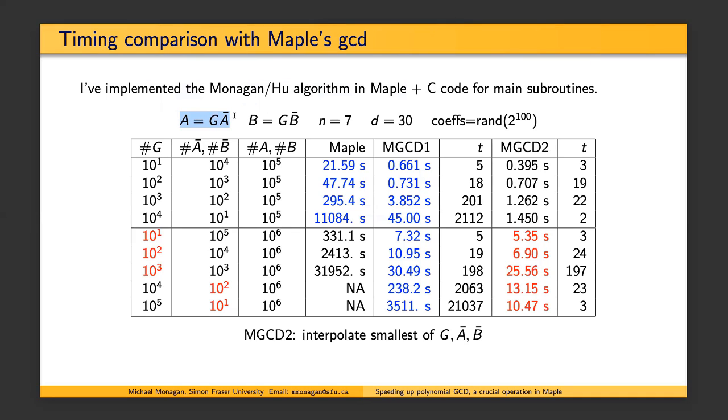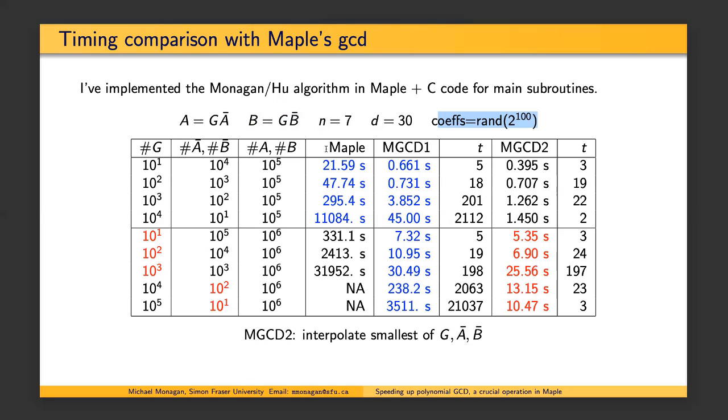We call that the cofactor. And B is the GCD times B bar. So A bar and B bar are the other factors of A and B. In my benchmarks here, n is 7, so there are 8 variables, and the degree in all the variables is 30. And the polynomials have random 100-bit integer coefficients.